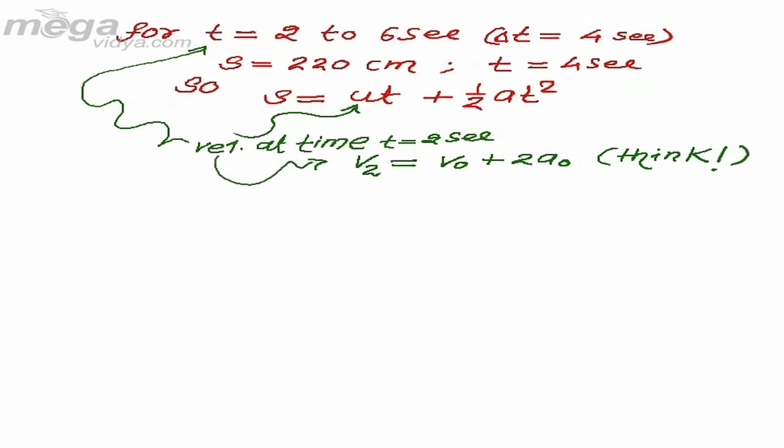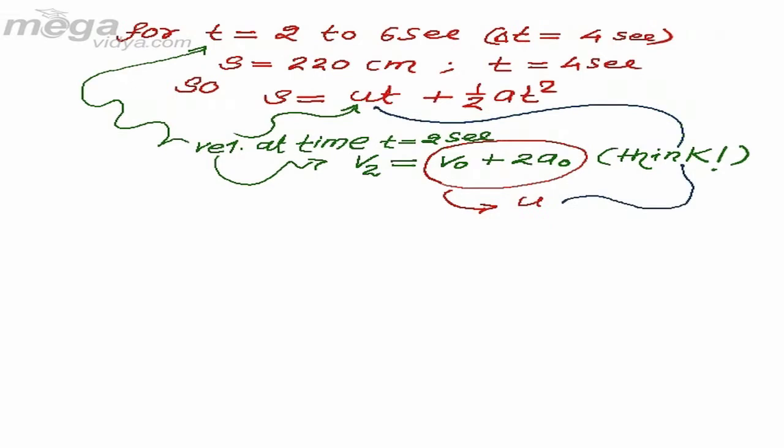Now we have to use this velocity as u in this equation. If we use all these terms, then this equation gives us 220 equal to v naught plus twice a naught times the time taken, which is 4 seconds, plus half into a naught into 4 seconds square.